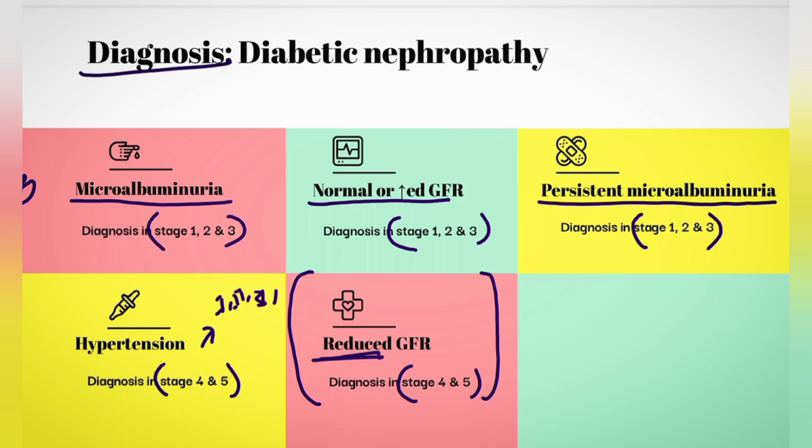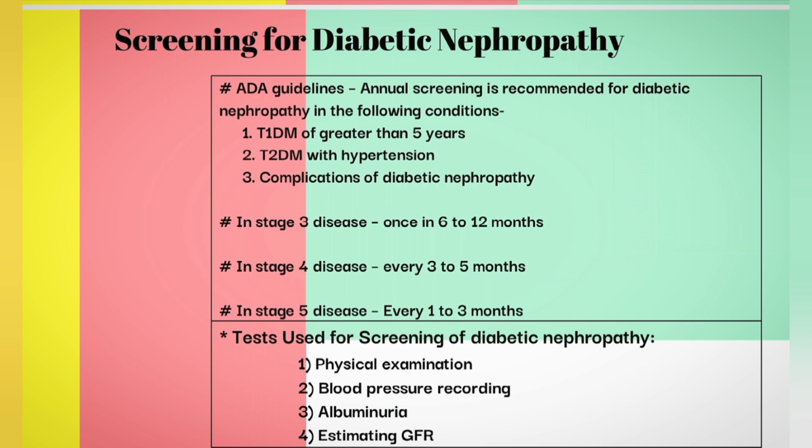Now discussing screening for this diabetic nephropathy. As per the American Diabetes Association guidelines, the annual screening recommendations for various stages or conditions of diabetic nephropathy are as follows.